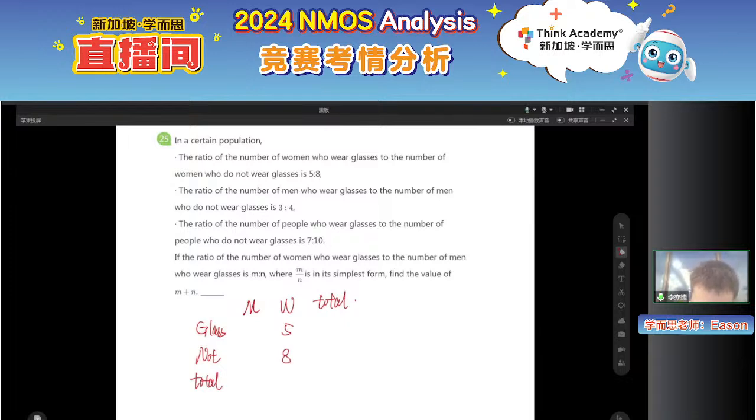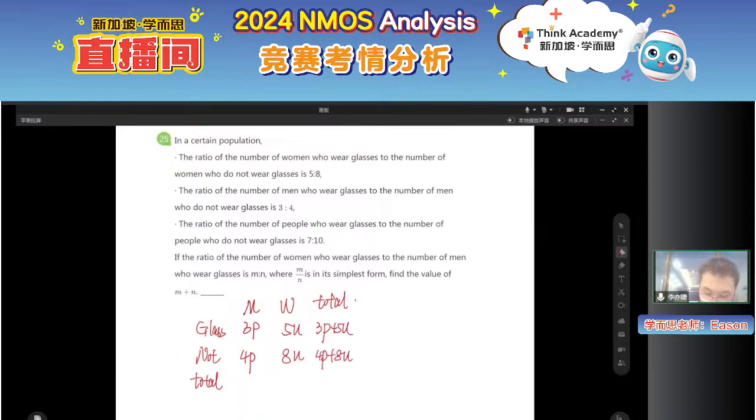The ratio of men who wear glasses to those who do not is 3 to 4. But maybe it's 5U, 8U, and 3P and 4P. So the number of people who wear glasses is 3P plus 5U, and those who don't is 4P plus 8U.